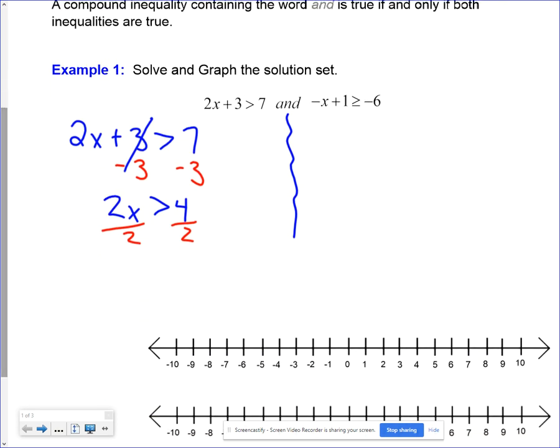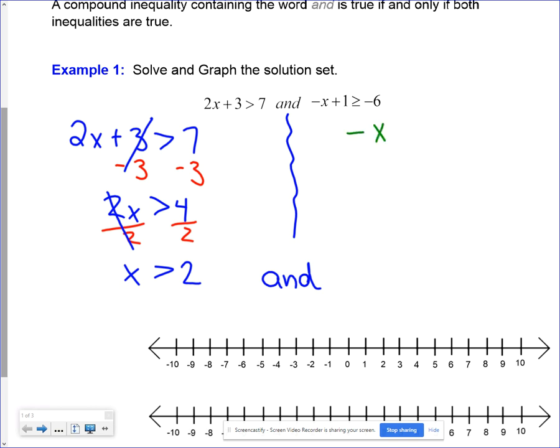And when we divide by 2, we get x is greater than 2. So the first one is solved. And then we're going to break down the word that's joining them, which is and. Now to solve the second one.